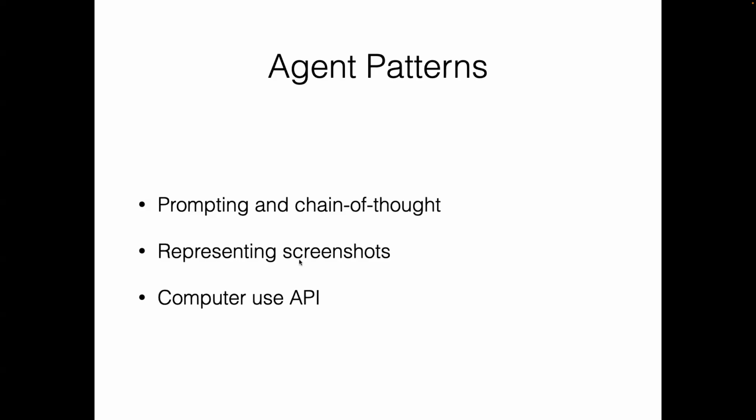Then I'll talk briefly about representing the screenshots and one technique that is popular now. And then I'll talk about a computer use agent that's been trained by the company Anthropic, and give you a bit of details about, not how they train it, we don't know that, but just show you exactly what it gives you.